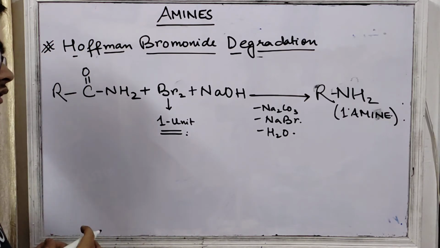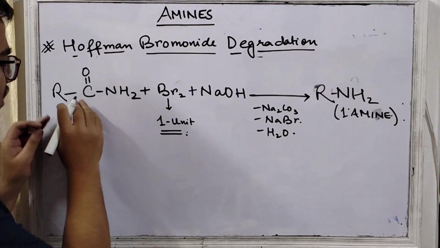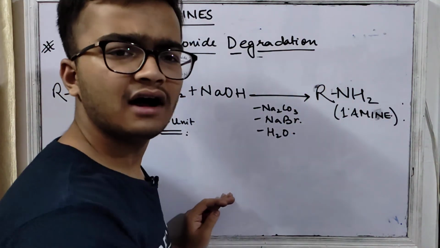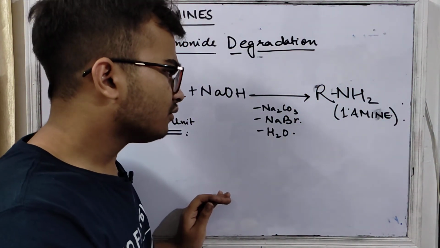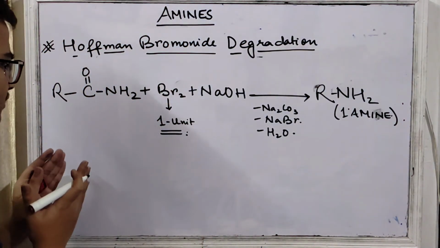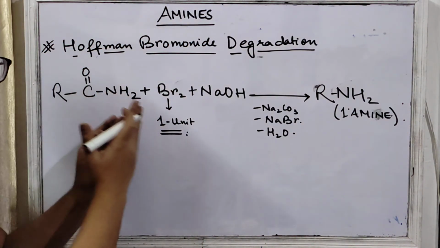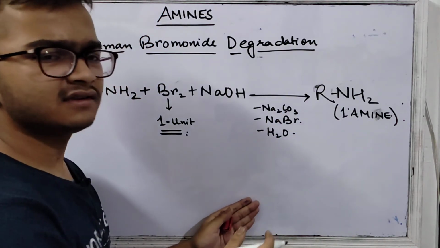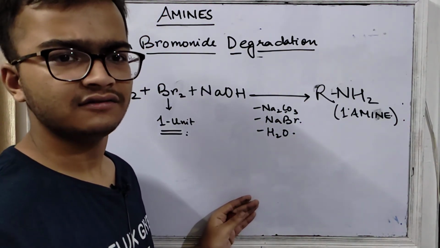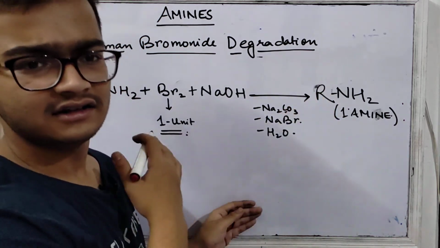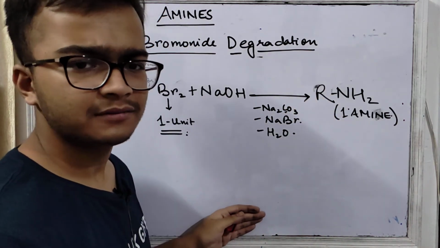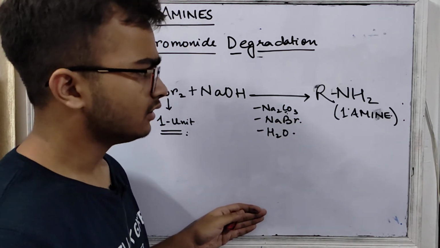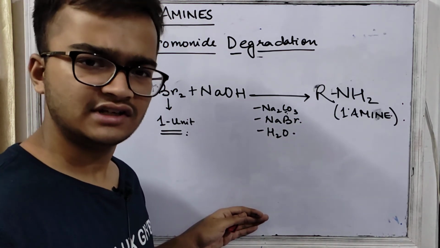Now, if you see, this is RCONH2 and this is only RNH2. Okay. So, can you notice the difference here? One C double bond O is there, and here there is no C. That means there is a descent of chain, we call it, because this is an alkyl chain, right? And one CO2 is being eliminated. So, this is the CO2 which is coming out as Na2CO3. So, this is called the descent of chain reaction.